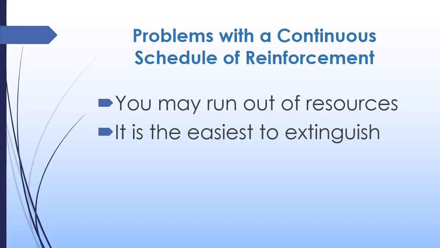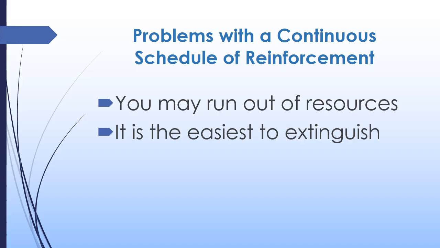Animals and people learn pretty quickly that I'm doing a lot of work for nothing, so I'm not going to do it anymore. So that's a big problem with the continuous schedule of reinforcement. You don't want to have done all that work to operantly condition someone just to have that behavior extinguish.